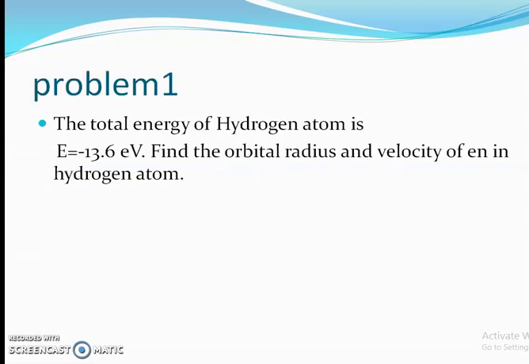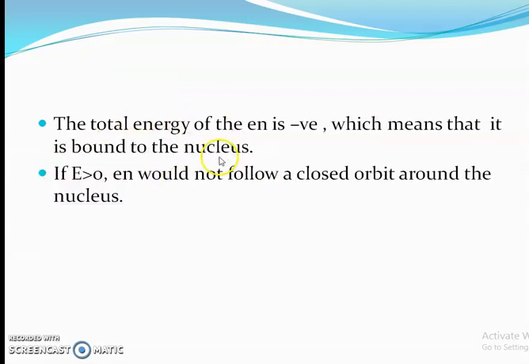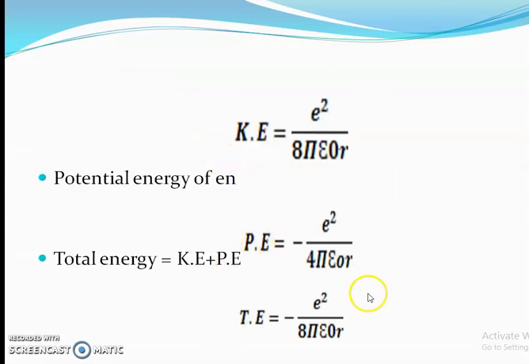Okay, here is a problem. You have to do it as an assignment. The total energy of the hydrogen atom is given. Find the orbital radius and velocity of the electron. Use the equations for orbital radius and velocity. Total energy is given. From this you can get the expression for R, which is a constant. Epsilon 0 you know, and e you know.